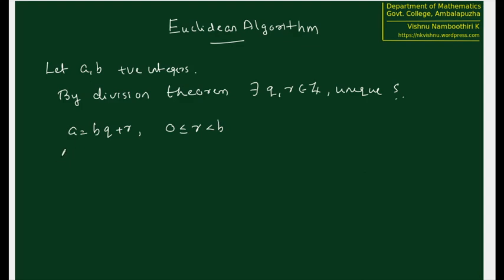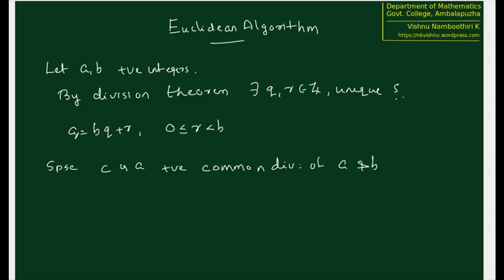Now, suppose that c is a positive common divisor of a and b. So c divides a and c divides b.